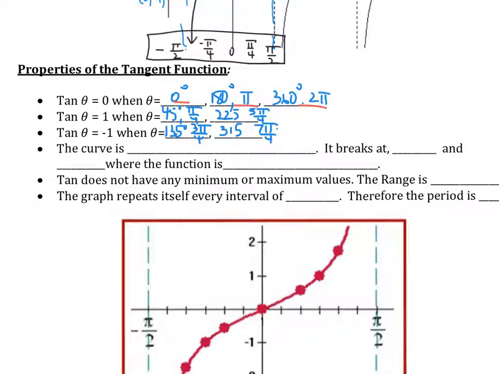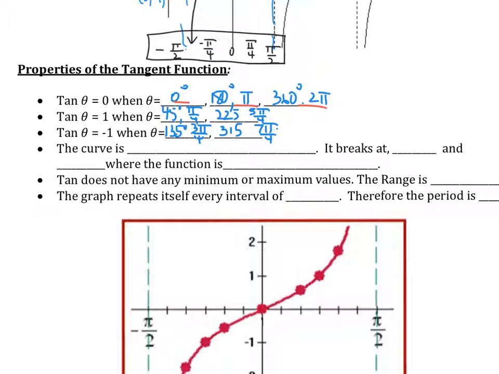Okay? All right, so back a couple chapters ago, we talked about the idea of symmetry with our graphs. We talked about symmetry across the x-axis, symmetry across the y-axis, and symmetry across the origin. If I were to ask what type of symmetry a tangent curve has, what would you say? Is it symmetric about the y-axis? Can you fold it across the y-axis and it looks the same?